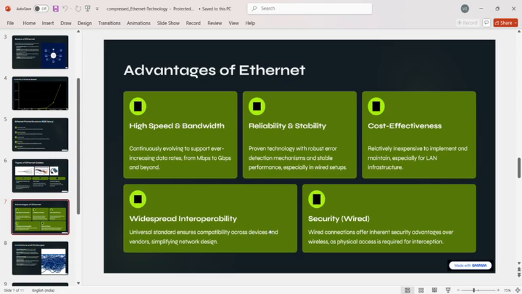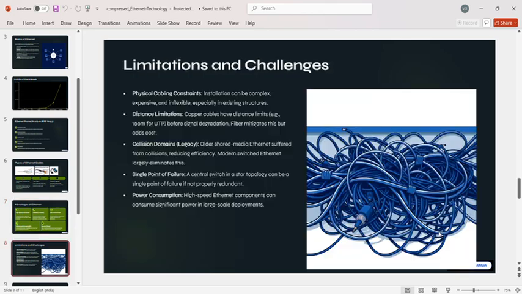The universal standard ensures compatibility across devices and vendors, simplifying network design. Then security. Compared to wireless, wired communication is better for security. Wired connections offer inherent security advantages over wireless, as physical access is required for interception.